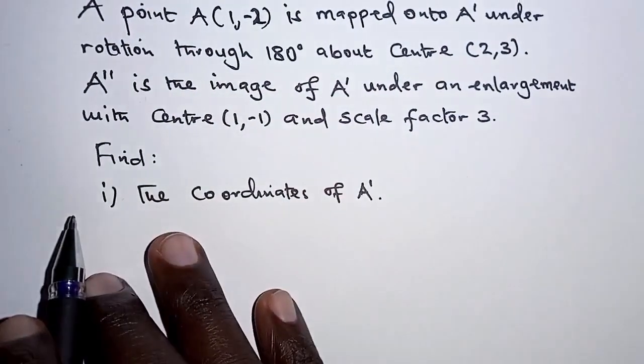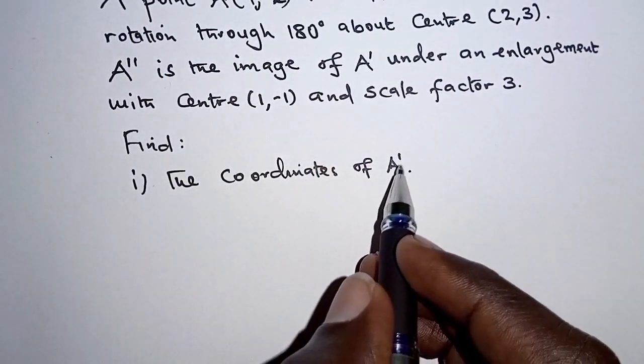Beginning with (i), find the coordinates of A prime.